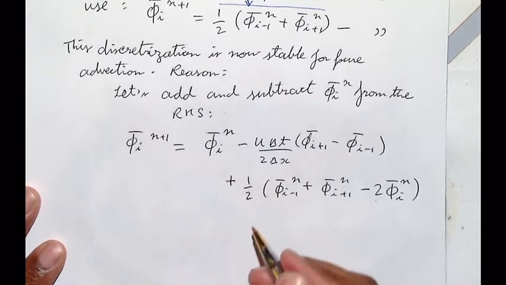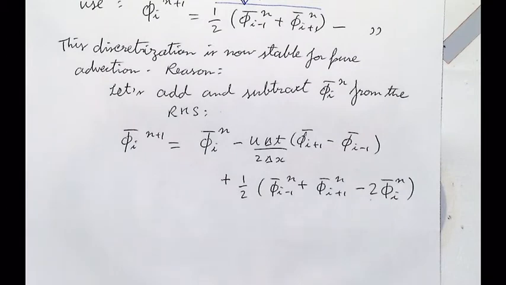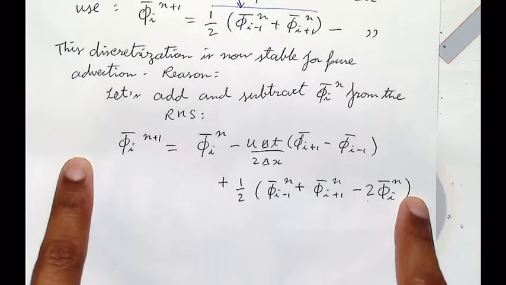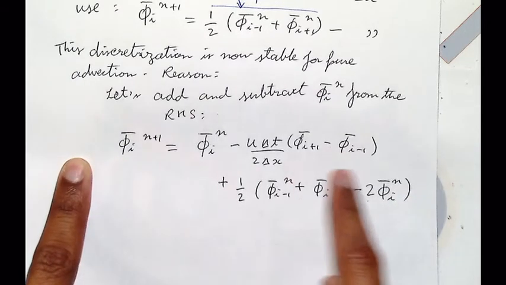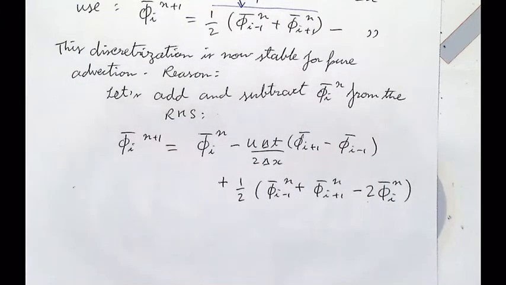So what does this look like now? We were talking about pure advection, right? Does this remind you of something? The first line looks like a discretization for the pure advection equation.